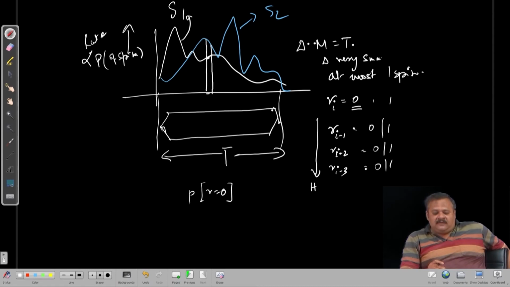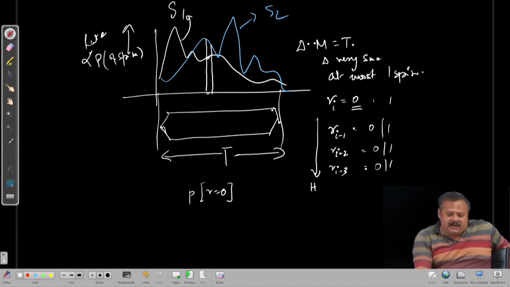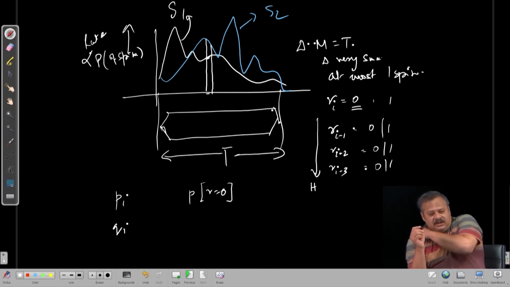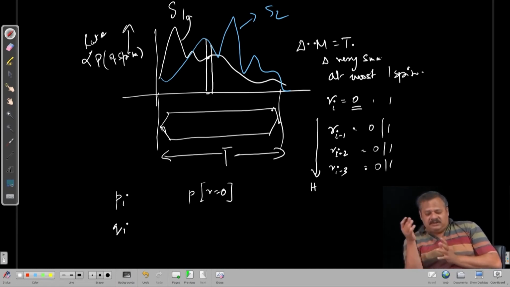That is, instead of just P_i and Q_i, we will now have conditional distributions P_i given the past few bins, past capital H bins, in this case let us say 3 bins.